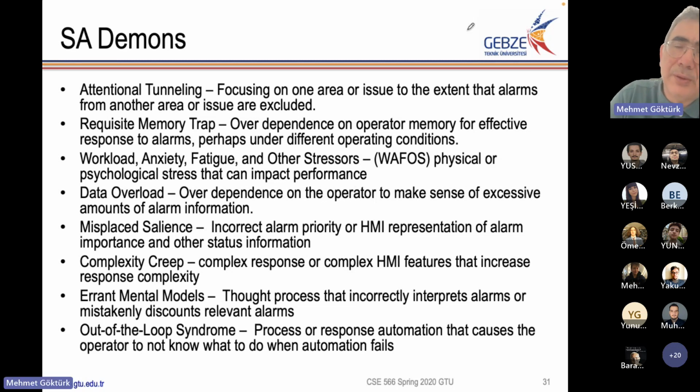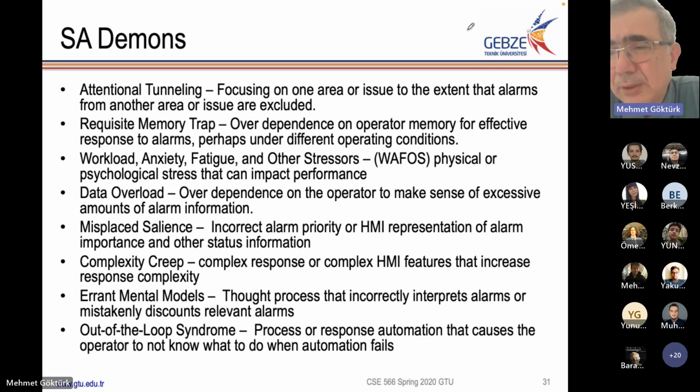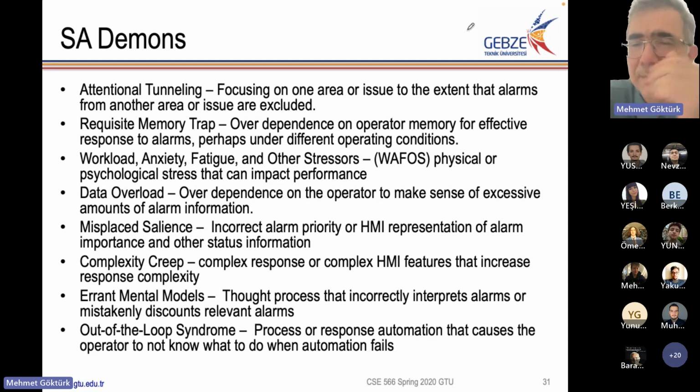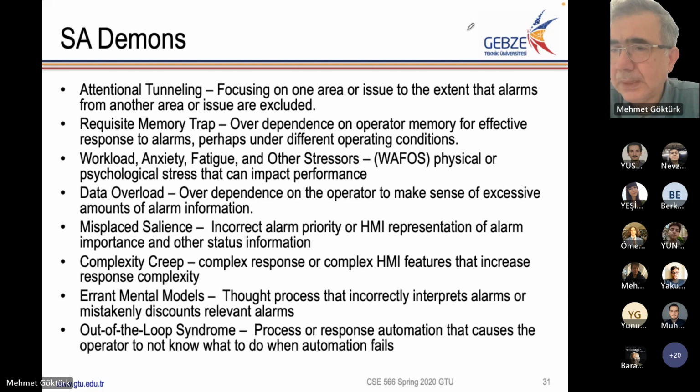The last one is the out-of-the-loop syndrome. It is like becoming a watcher instead of a controller when the automation fails or when the automation acts differently than you expect. You are out of the loop, and automation does something by itself and you just watch. It is typical for some drivers to just watch the accident when they are in trouble.